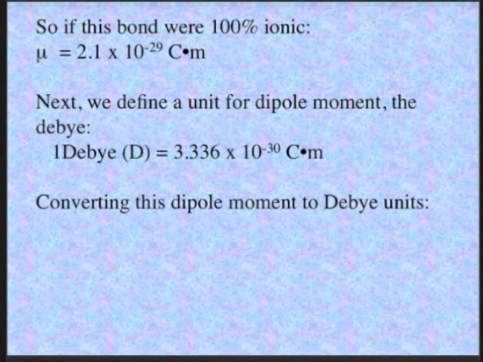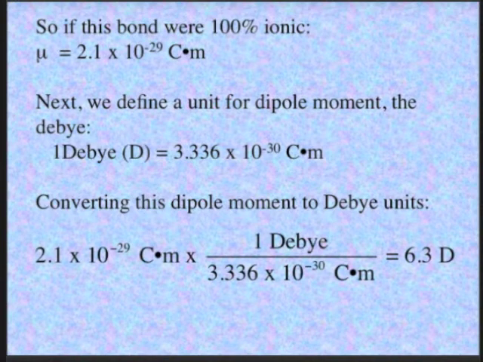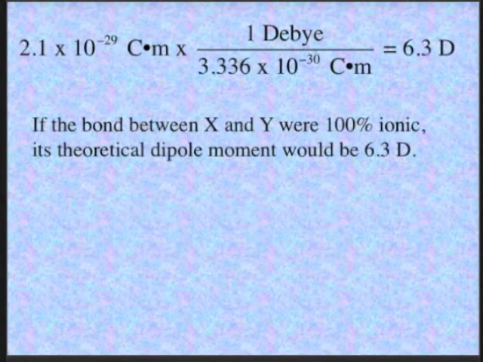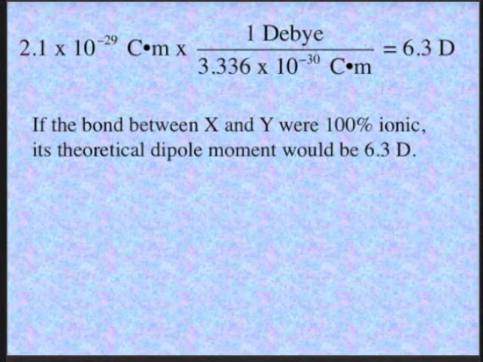So if we convert this dipole moment to debye units, we get 2.1 times 10 to the minus 29 coulomb meters, divide that by 3.336 times 10 to the minus 30 coulomb meters, and we get 6.3 debye. So, if the bond between X and Y were 100% ionic, its theoretical dipole moment would be 6.3 debye.